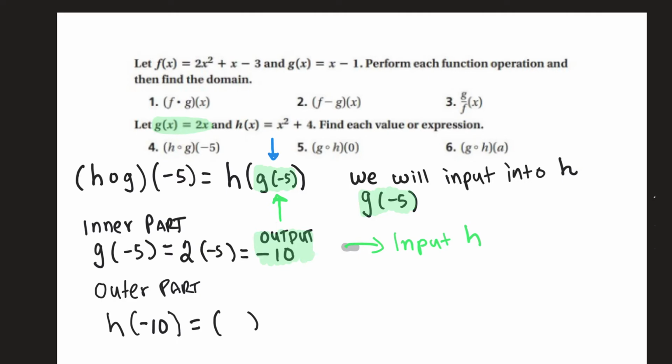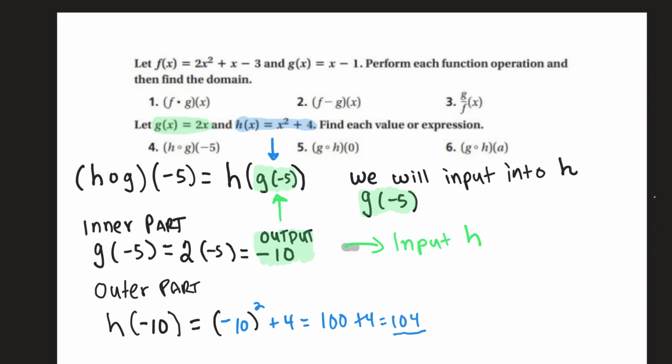I'm using h. So I have negative 10 squared plus 4. So negative 10 to the second power is 100, plus 4 gives you 104.